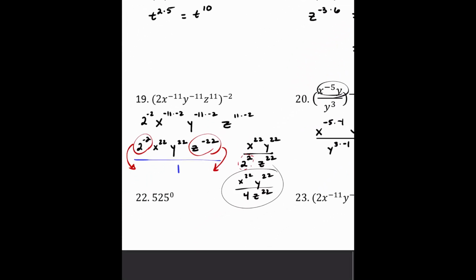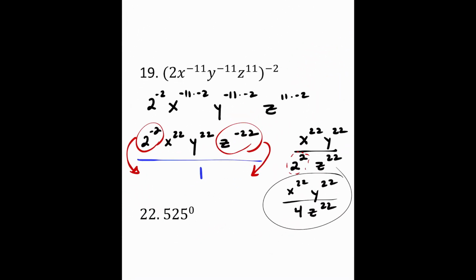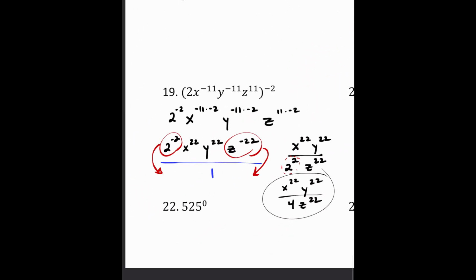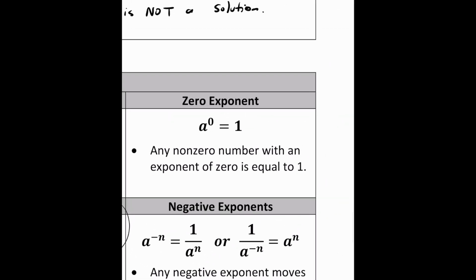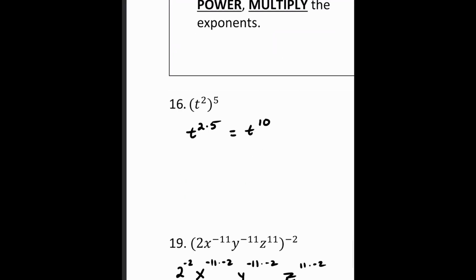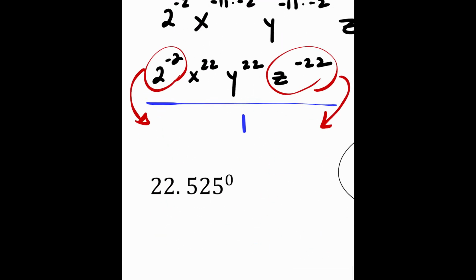Number 22, we have 525 raised to the 0th power. And of course, as explained in the beginning, any non-zero number with an exponent of 0 is equal to 1. Yes, 525 is a large number, but it's raised to the 0th power, so your answer is just 1.